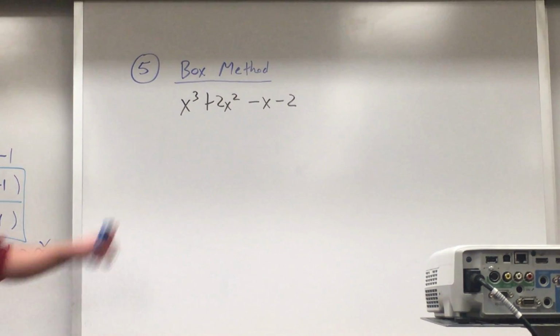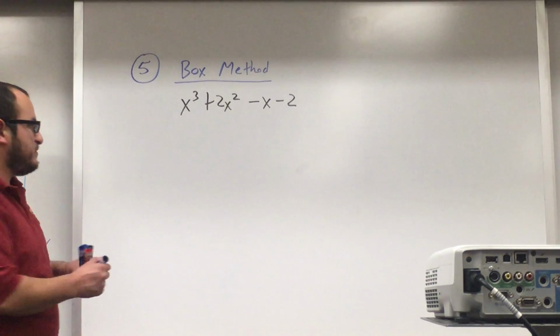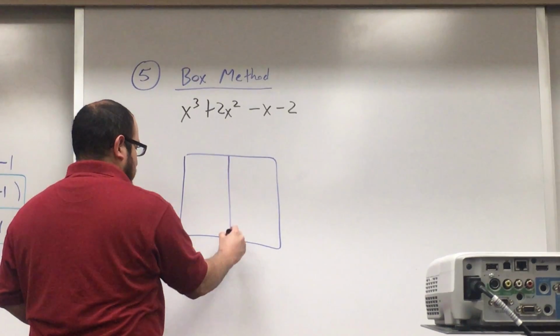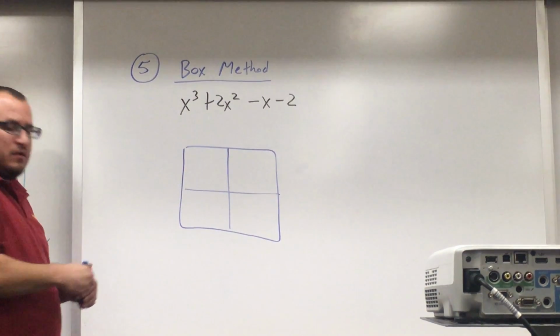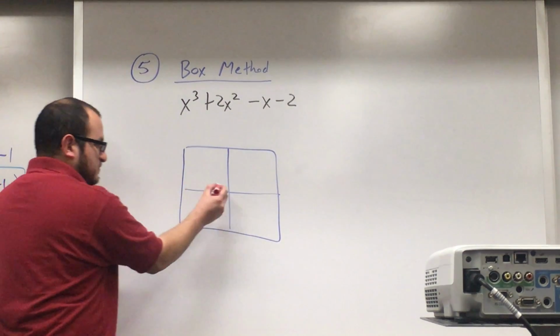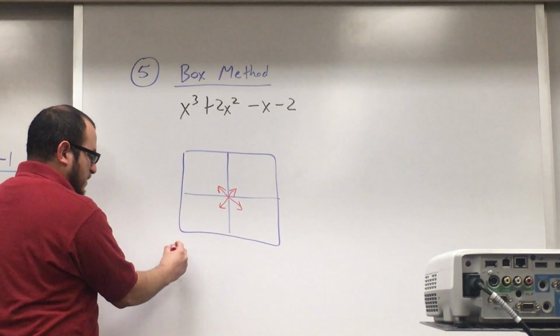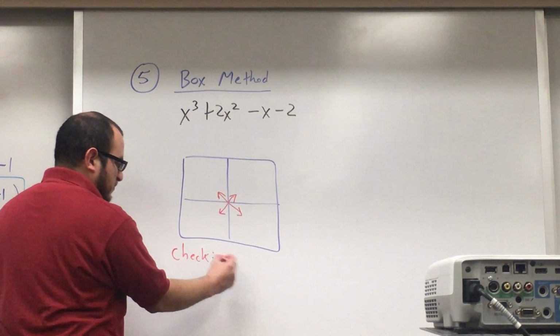Alright, so again, we're going to do the box method. Go ahead and create yourself a box. Remember, you have to cross multiply. And this is how we check. What are we checking for?